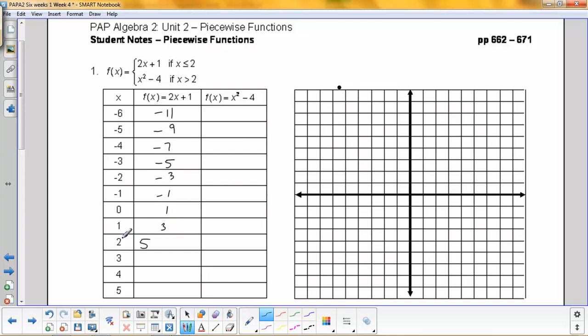Because the switch occurs at the number 2, and because this part of the rule contains less than or equal to, this will be your closed circle. Likewise, because this part of the rule is just greater than, this will be your open circle. Then we substitute these values of x into the second function to get the remaining corresponding y values.